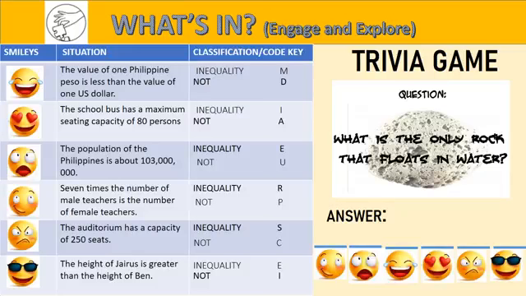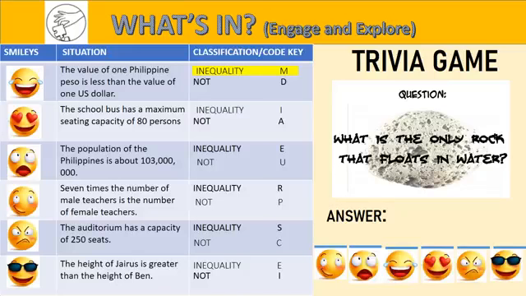For situation number 1, the value of the Philippine peso is less than the value of $1. What do you think? Is it inequality or not? Yes, you are right. It is an inequality.